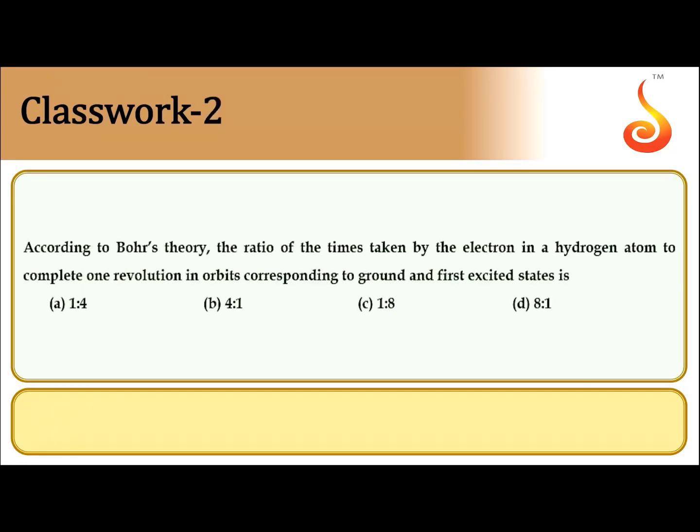Example 2. According to Bohr's theory, the ratio of the times taken by the electron in a hydrogen atom to complete one revolution in orbits corresponding to ground and first excited states is. The time period is directly proportional to n cube and inversely proportional to Z square.